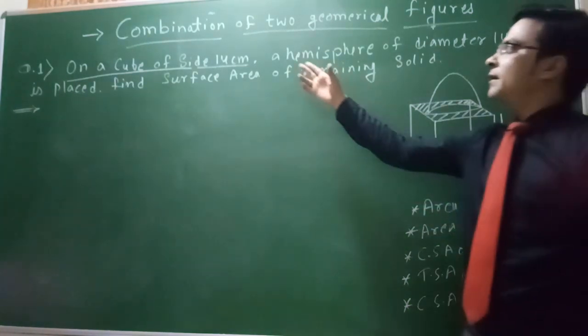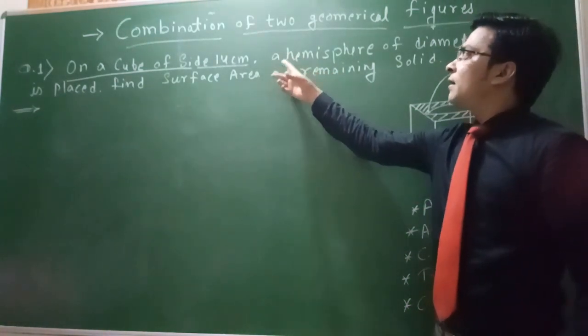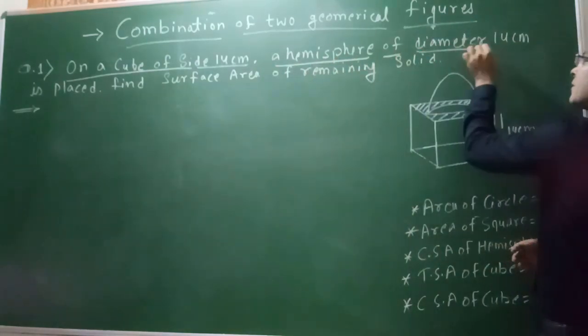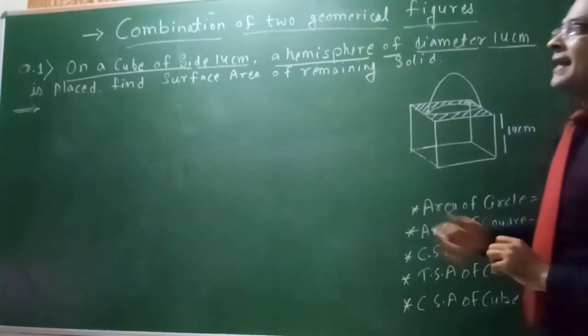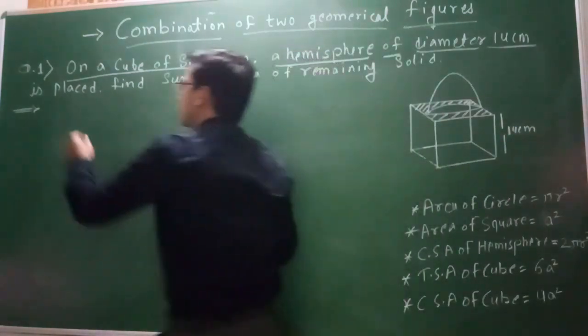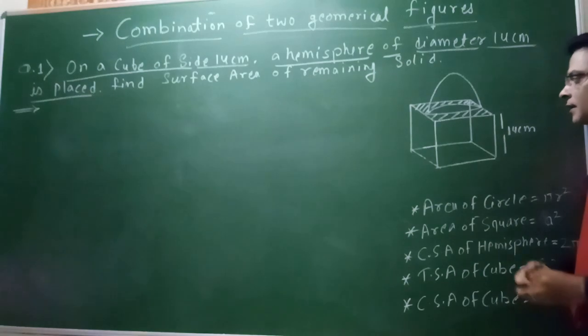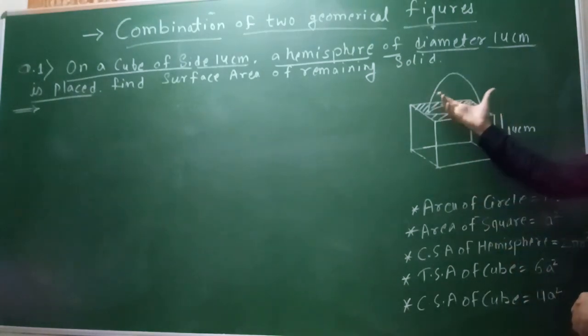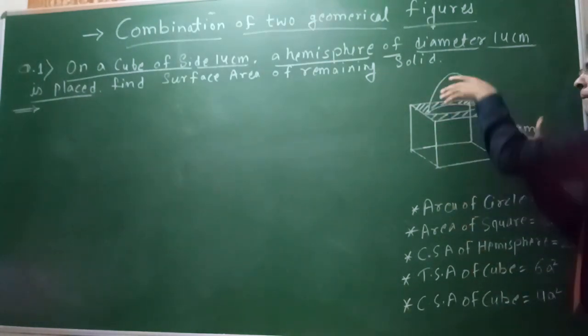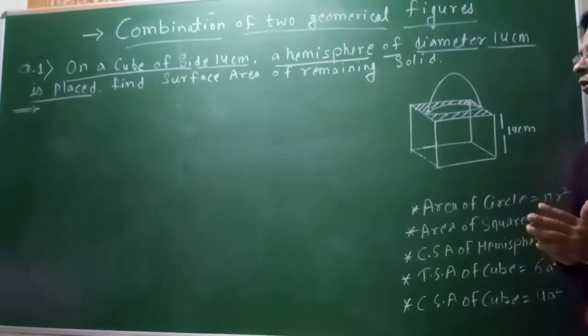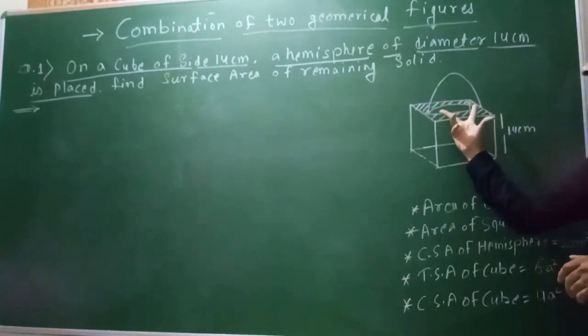Next geometrical figure is a hemisphere. A hemisphere of diameter 14 centimeter is placed on this cube. See, as shown in the figure, this hemisphere is placed on the upper face of this cube. Its diameter is given.